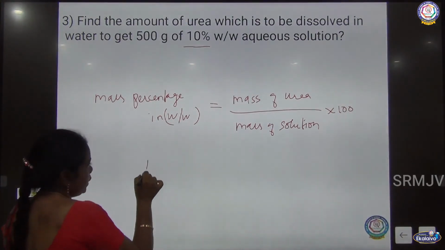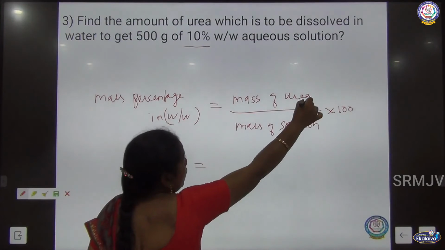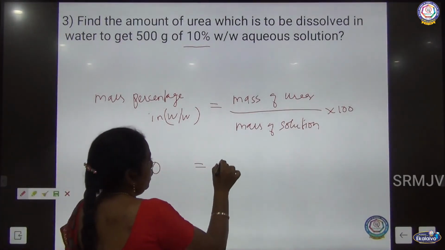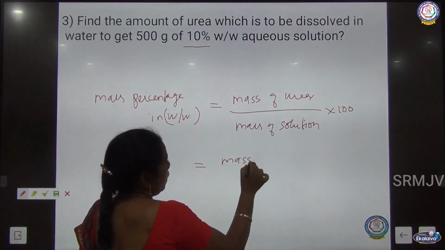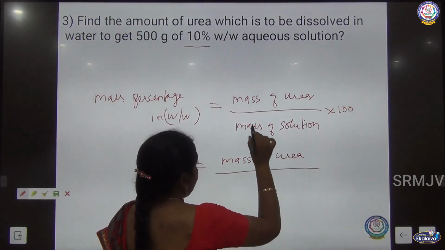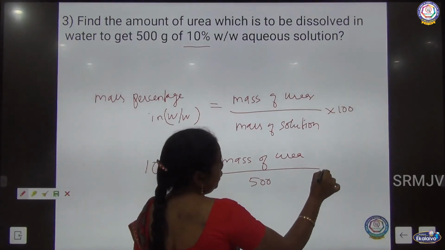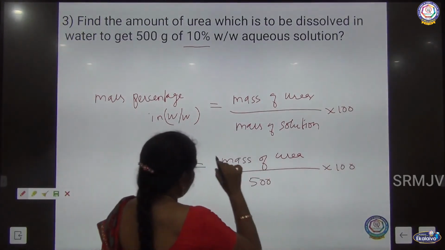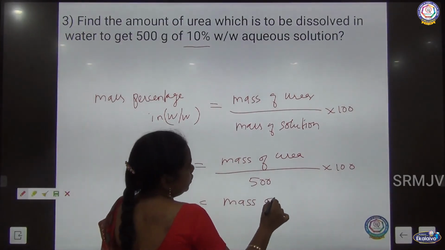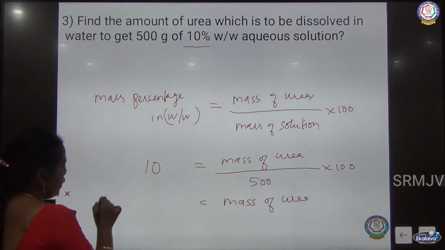Mass percentage is given as 10% equal to, now you want to find the mass of urea. So mass of urea divided by mass of the solution, which is 500, into 100. Now the mass of urea is equal to 10.